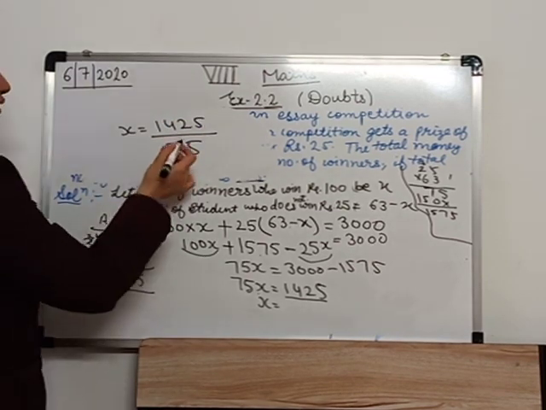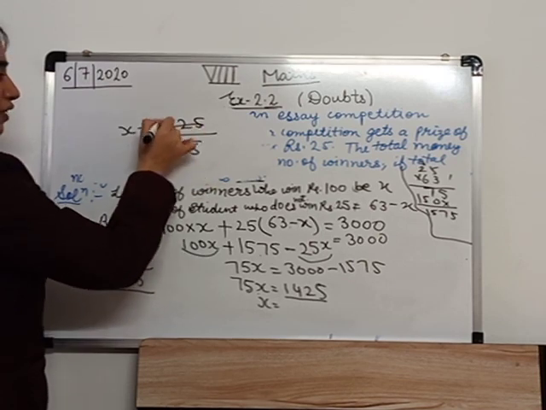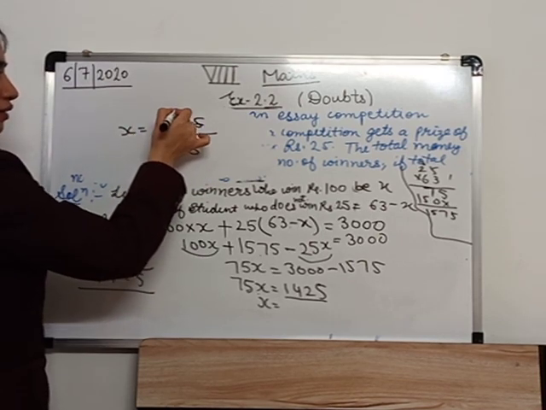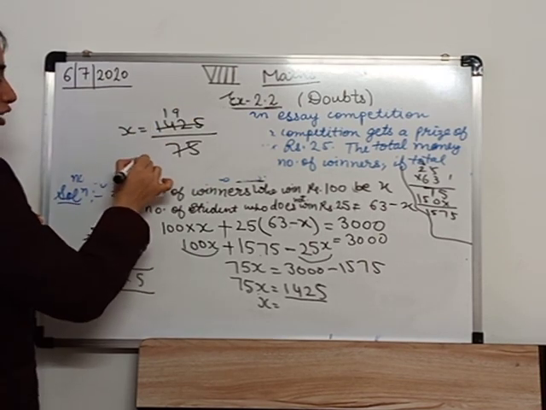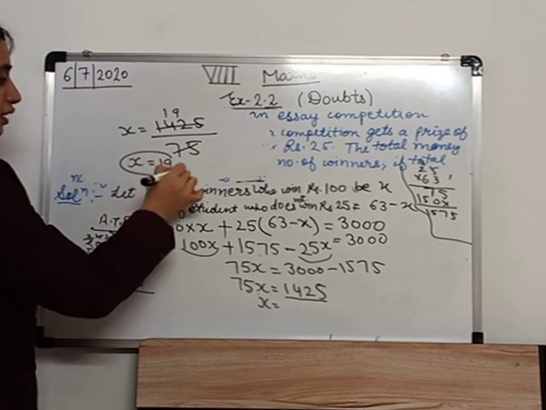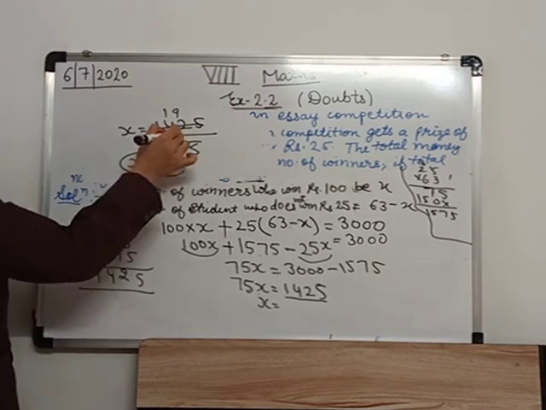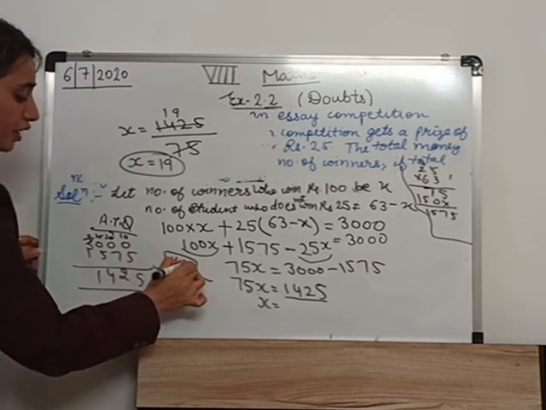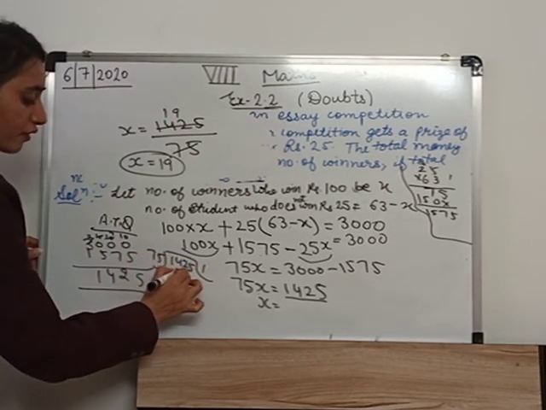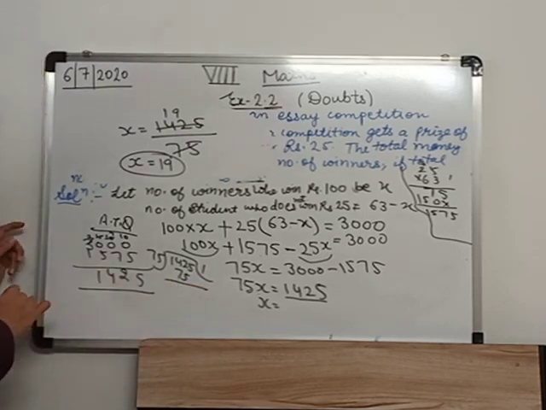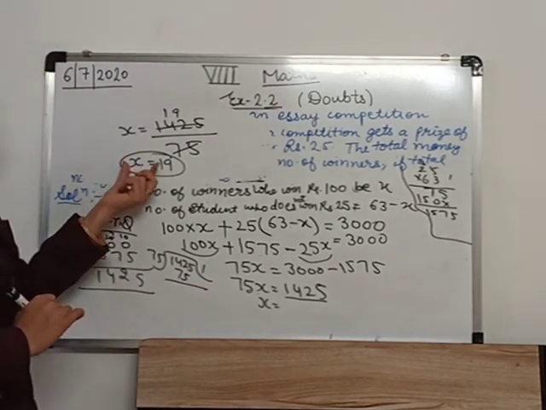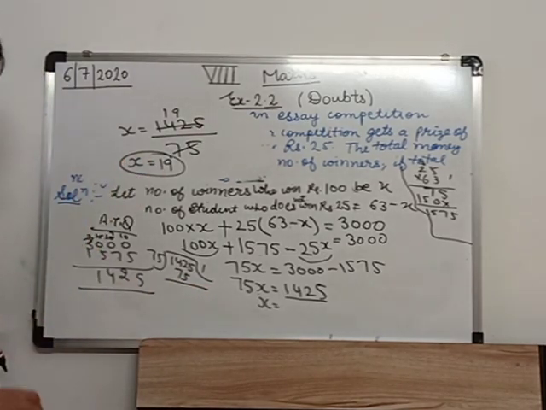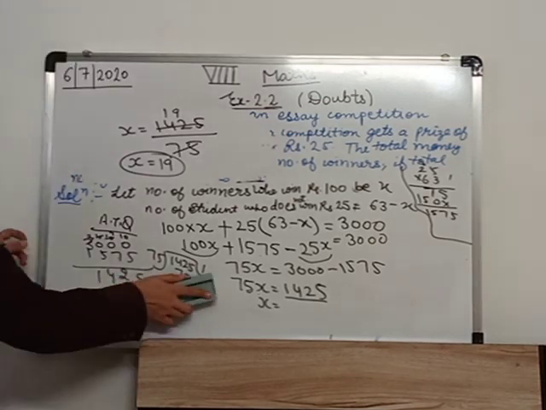When you divide this, 75 ones are 75, after that solve it. Okay. x is equal to 90. Now we get the value of x is equal to 19.